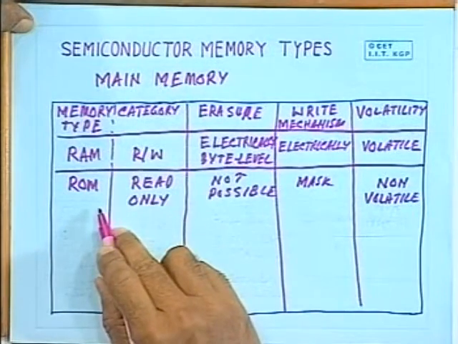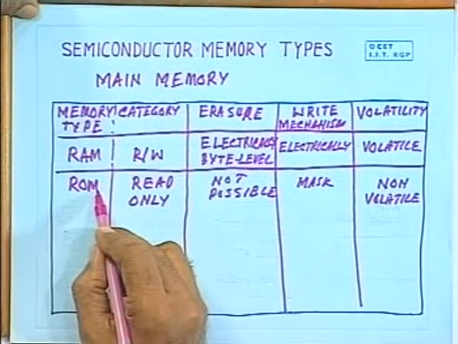You may be asking, why do we need ROM? Only RAM can serve our purpose. But you will see that any computer, small or big, will require some ROM as part of their main memory. The reason for that is, as you put the power on, some program inside the computer must become active. So they have to be stored in some non-volatile main memory. Non-volatile means as you turn the power off, the program should not vanish, should not be erased.